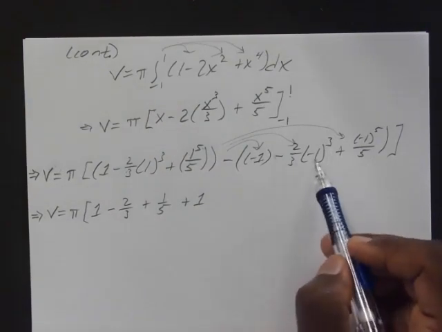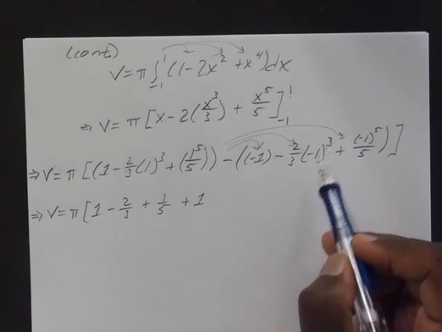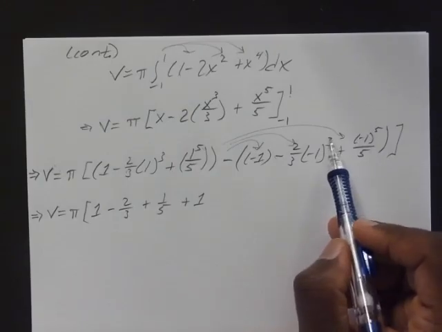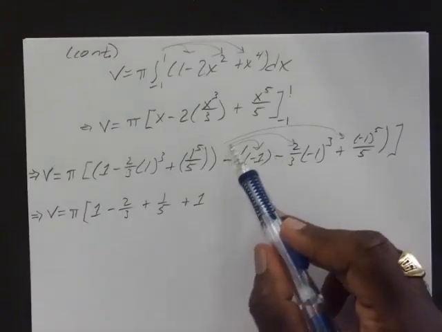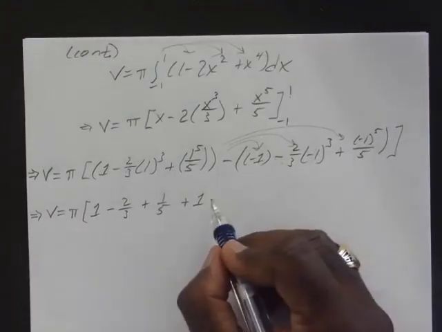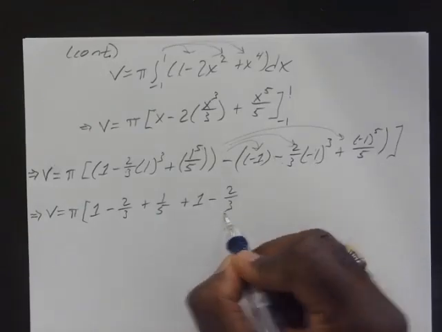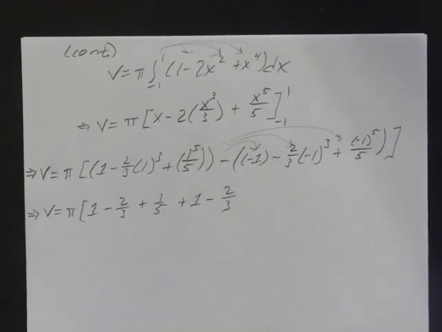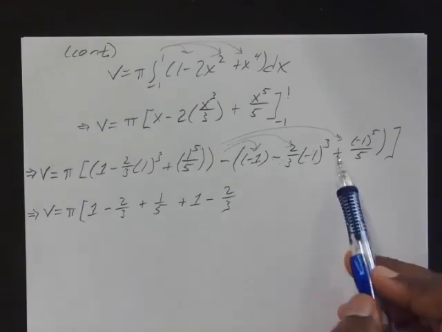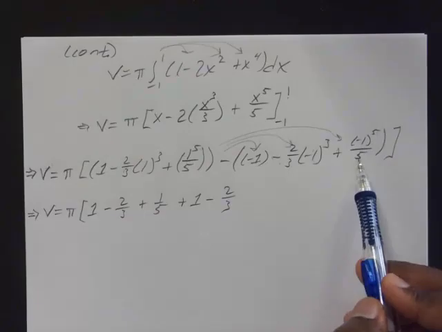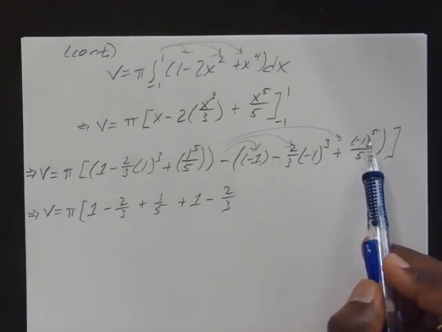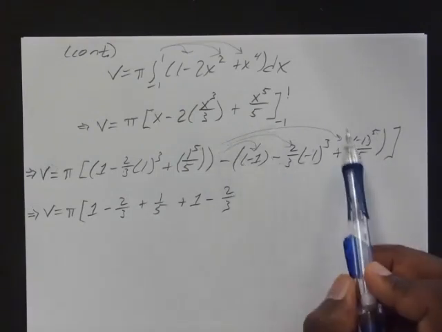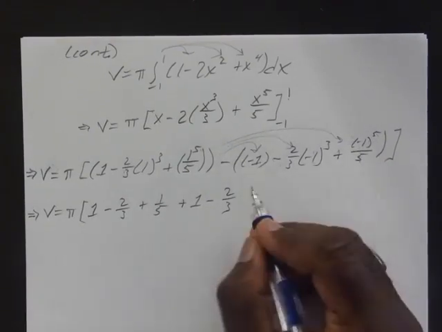Minus 2/3 times -1 to the 3rd power. -1 to the 3rd power is -1. -1 times -2/3 is +1. We distribute this, and it ends up right back at -2/3. Plus -1 to the 5th power divided by 5. Well, -1 to the 5th power is -1, so that's -1/5. But we distribute this -1, makes it positive.